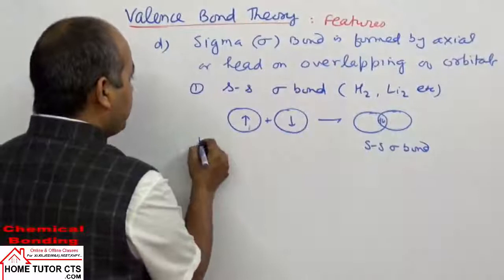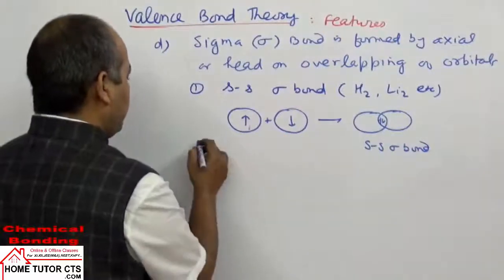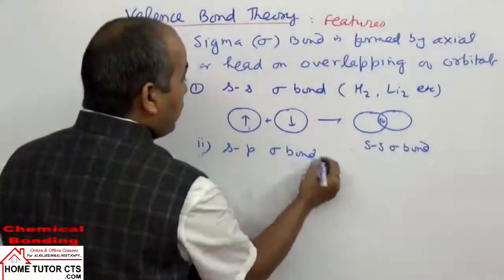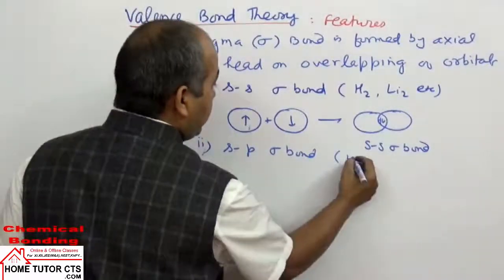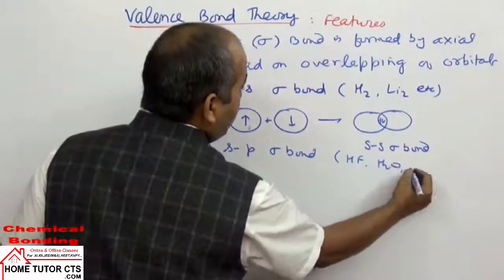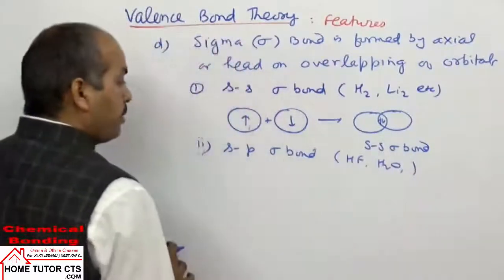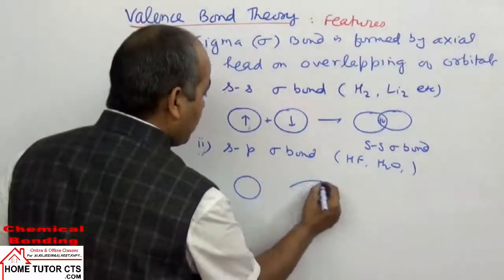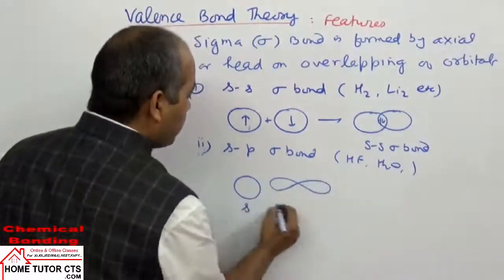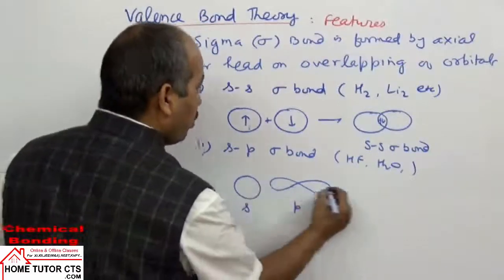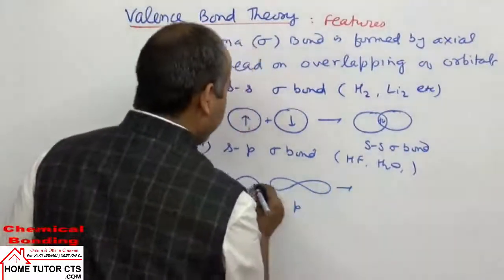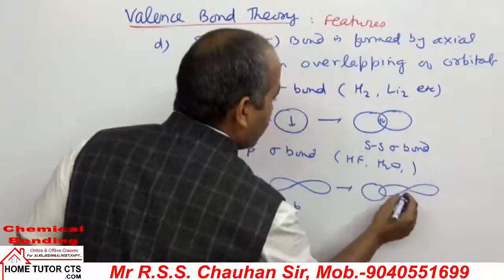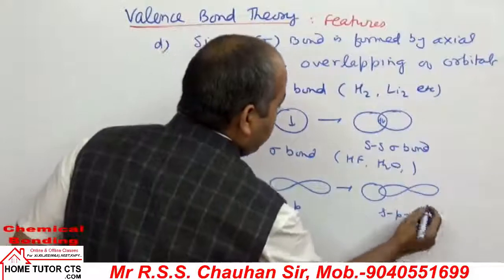Then we can have the SP sigma bond. It can take place in the HF molecule and the water molecule. Here one is an s orbital and the other is a p orbital. When overlapping occurs, it is called the SP sigma bond.